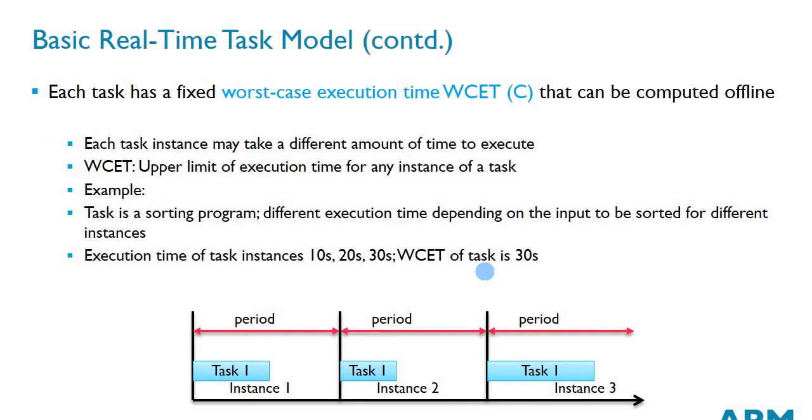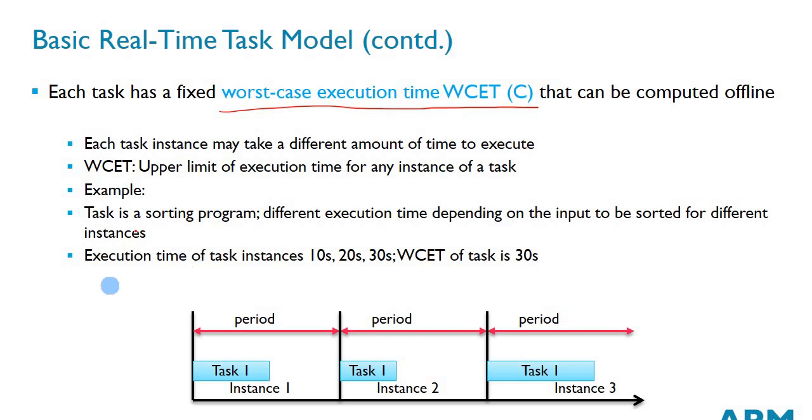Now some terminology. One of the things about a task is we must know this parameter called worst case execution time, C, and this is basically the amount of time it takes to complete the task without any form of preemption or interference. This of course could vary because the amount of data that I deal with can be different.